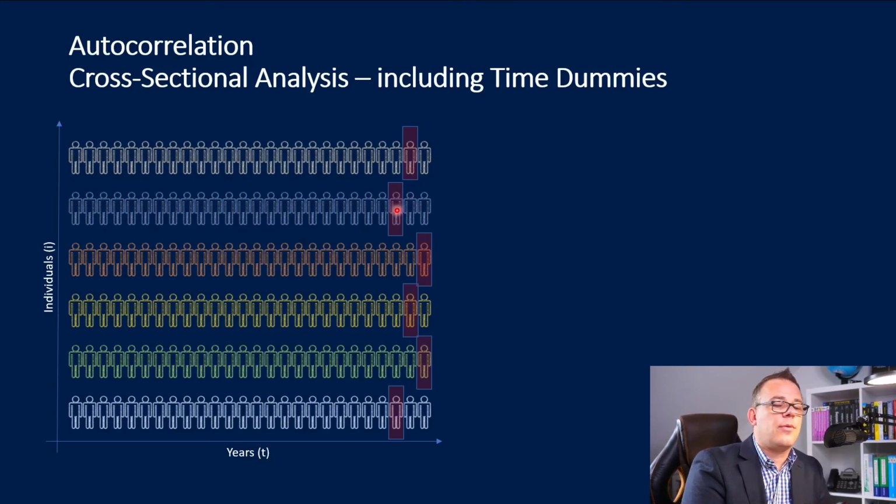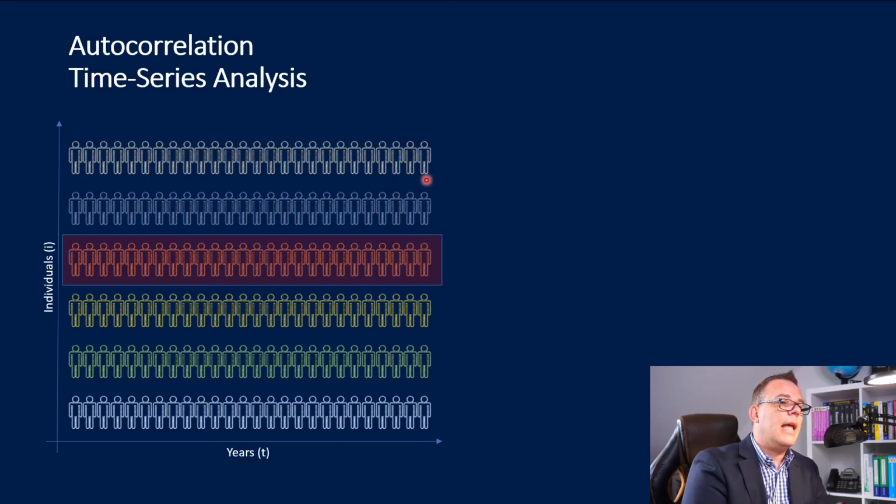One time dummy for 2019, one time dummy for 2020, and of course, due to the dummy variable trap, we have to leave out one, so the newest or the oldest would be the best choice here. Nevertheless, no autocorrelation problem. As soon as we do some time series analysis, just like here, we see one individual each and every year.